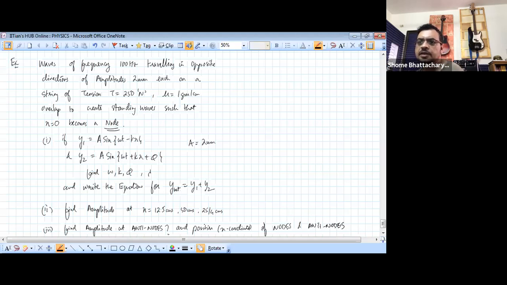Omega is 200 pi radians per second. Its frequency is given to you as 100. Yeah, angular wave number will be 4 pi, that's correct, because your wavelength will be 50 centimeters or half a meter, in radians per meter.